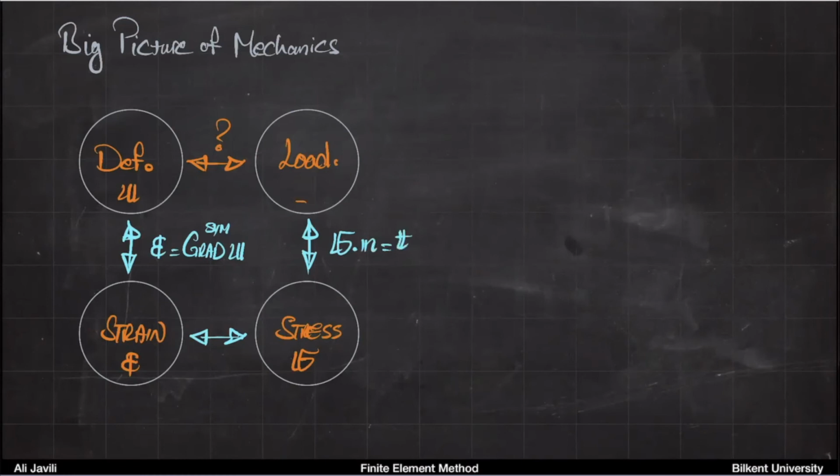So let me change F to T, so that it reminds you of traction on the surface. This is the so-called Cauchy theorem. I'm sure you remember that, and we have done this in different forms, of course. And once you have the connection of deformation to strain and load to stress, then you have the constitutive law or the material model.